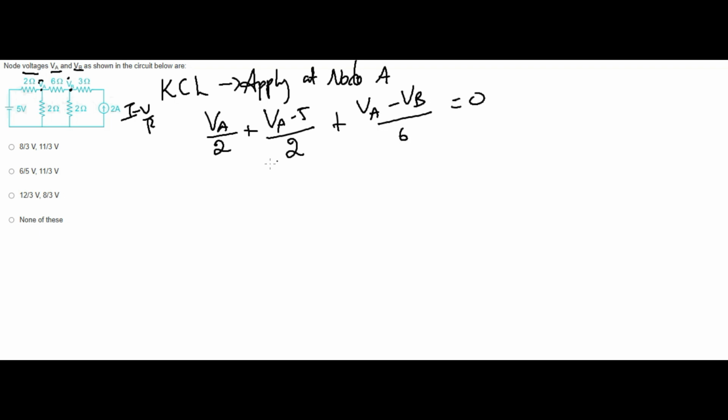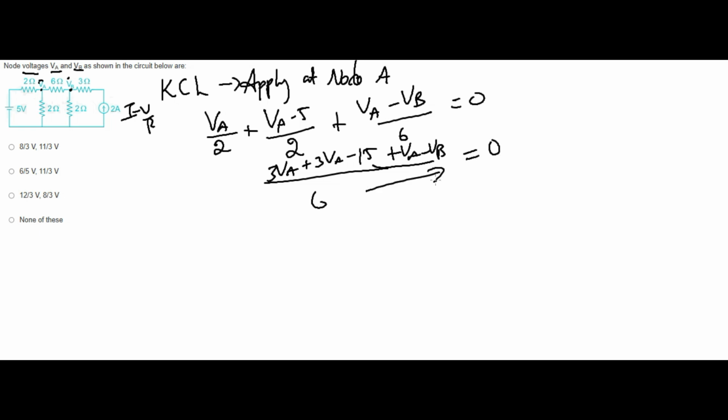If you substitute, because the LCM is 6, you get 3VA plus (3VA minus 15) plus (VA minus VB). Here the denominator is multiplied by 3 to get the LCM 6, so the numerator is also multiplied by 3: 3VA minus 15. Equal to 0.